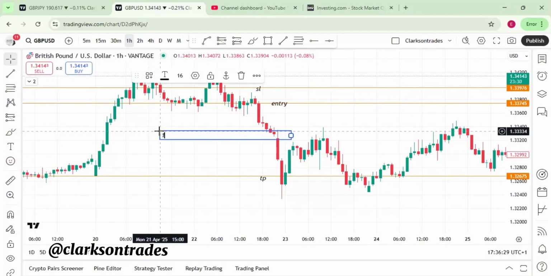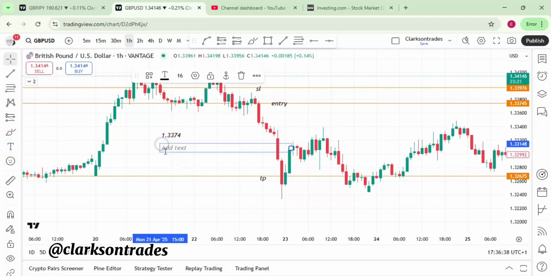So we take the price of the entry, which is 1.3374, minus the price of our take profit, 1.3267.